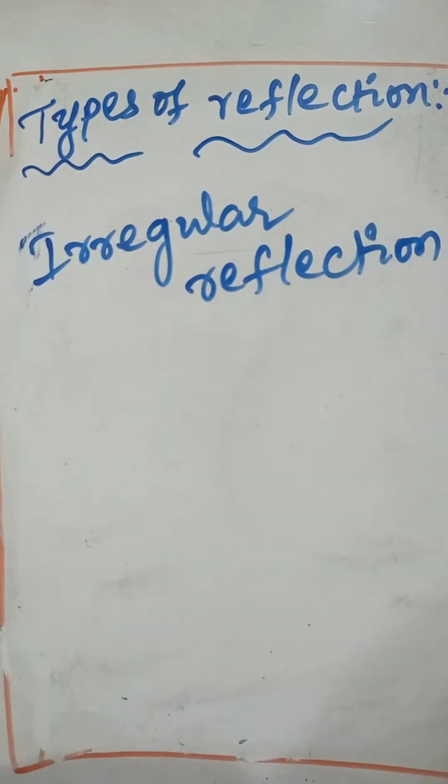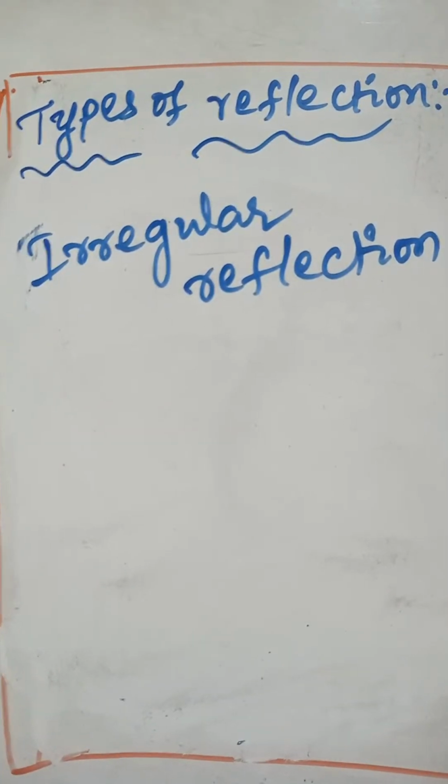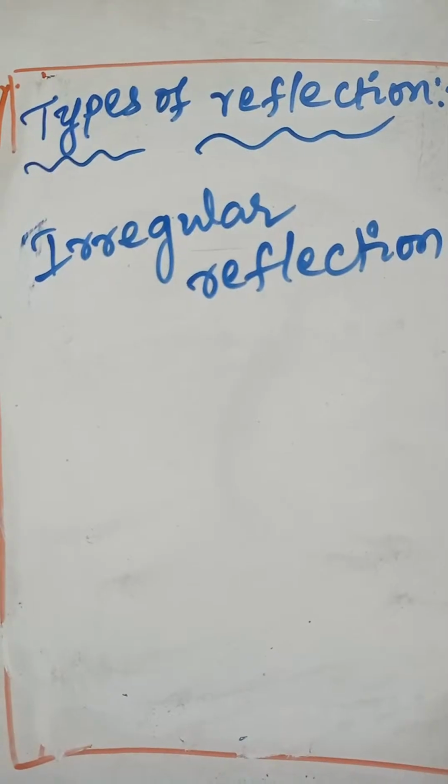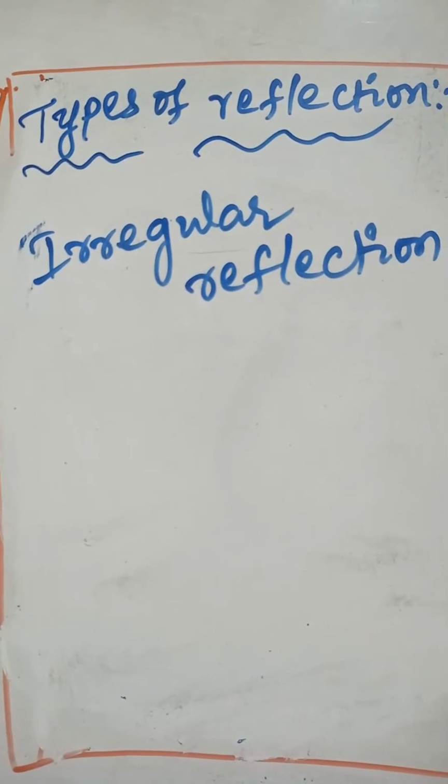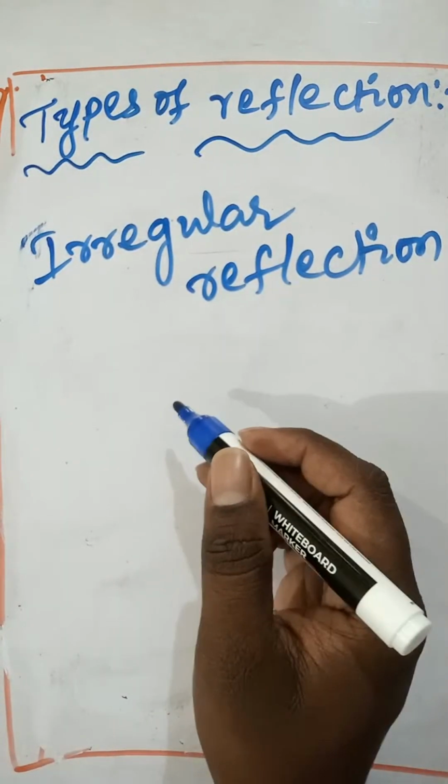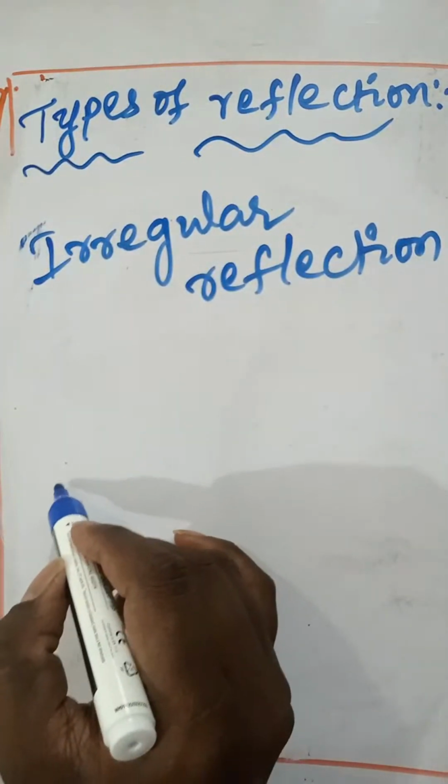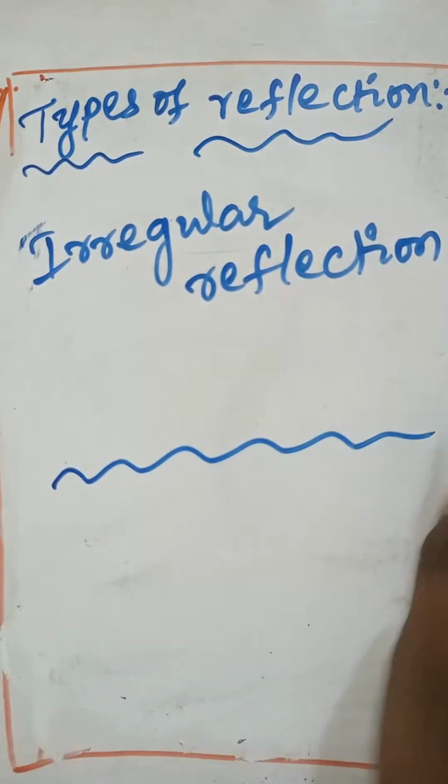So here an irregular surface is there like this.